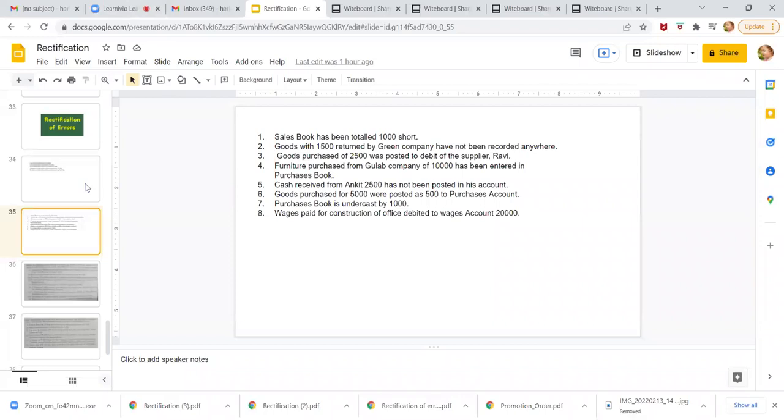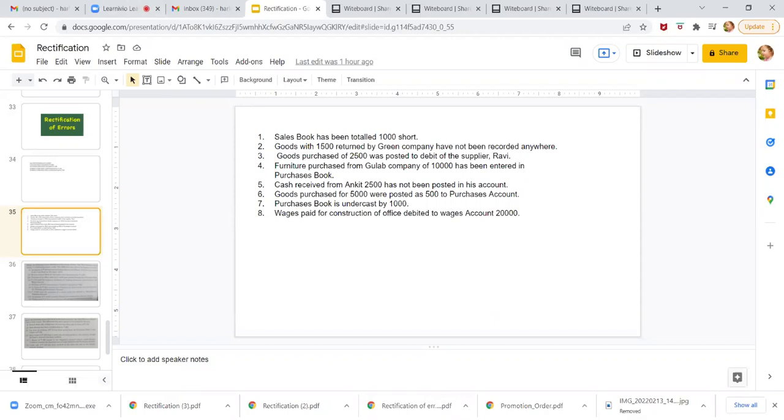So tell me the first rectifying journal entry. So it's suspense account debit to sales account credit with the amount of 1,000. Yes, very good.